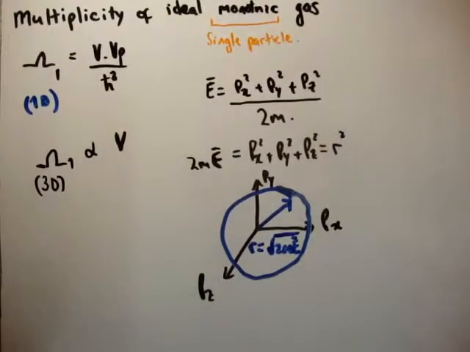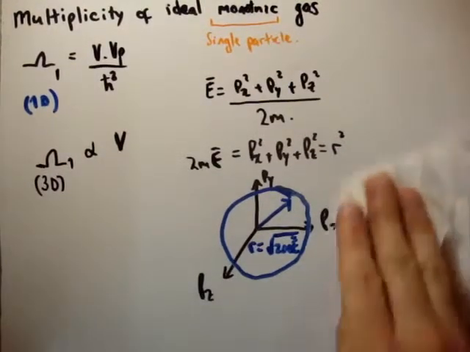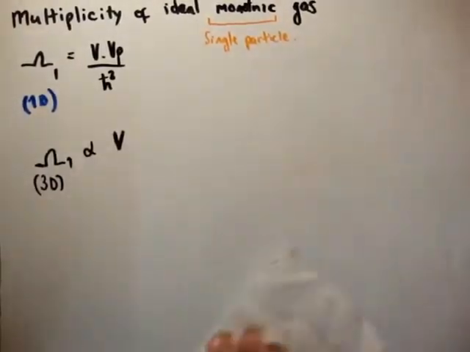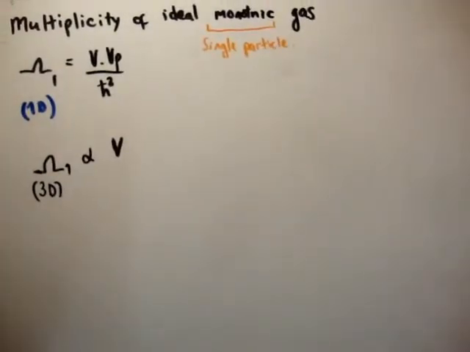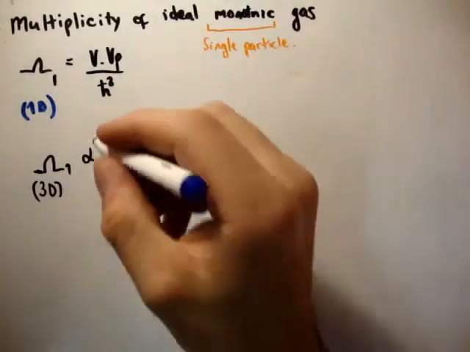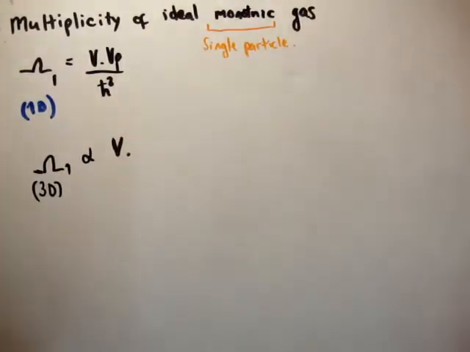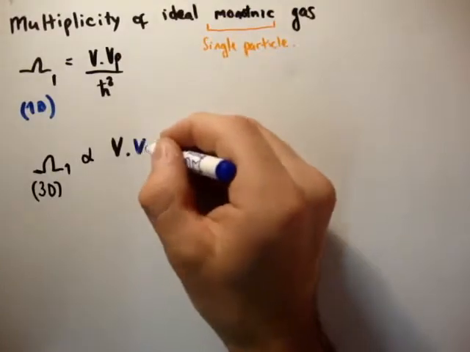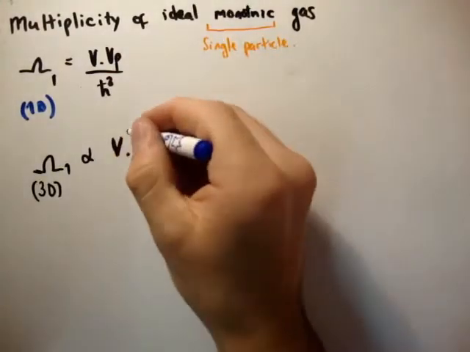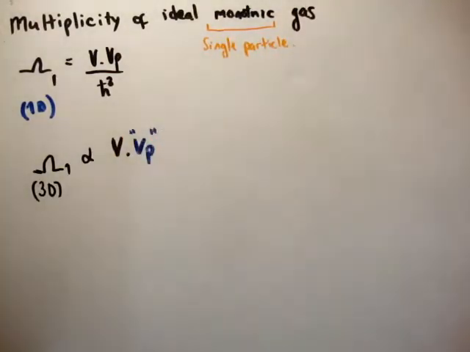So what we're saying is that the multiplicity of an ideal gas with however many molecules in 3D should be proportional to the volume in which the molecules are in, and the volume in momentum space, even though it is really a surface area. Alright, so how do we calculate these volumes?